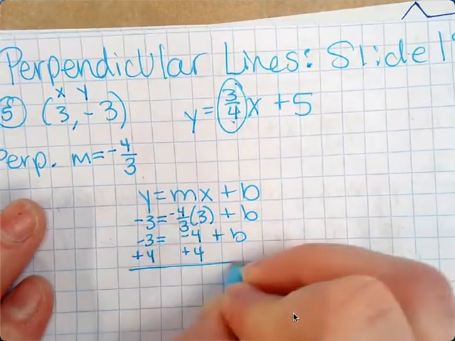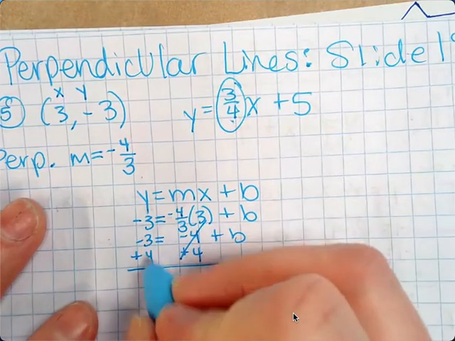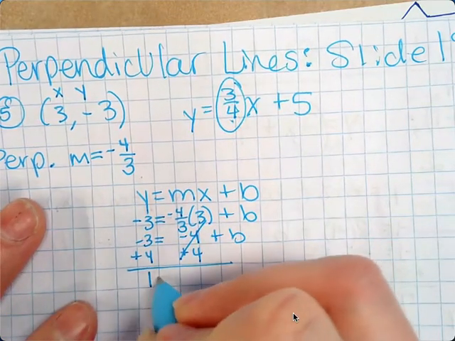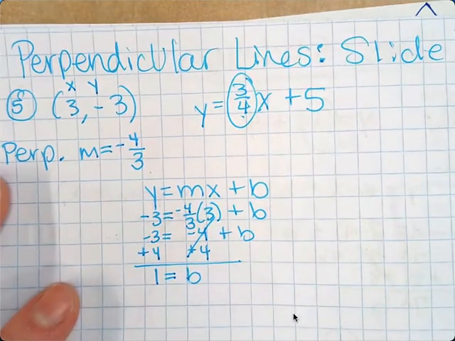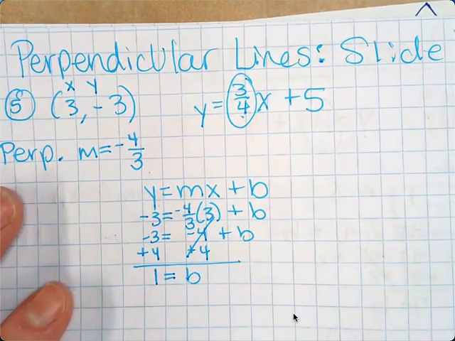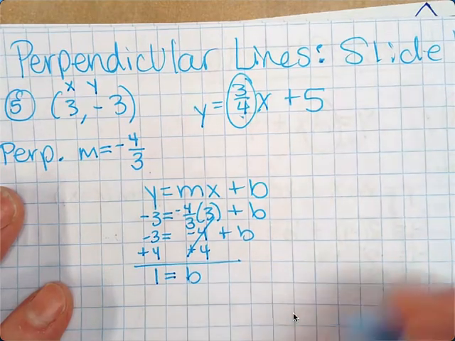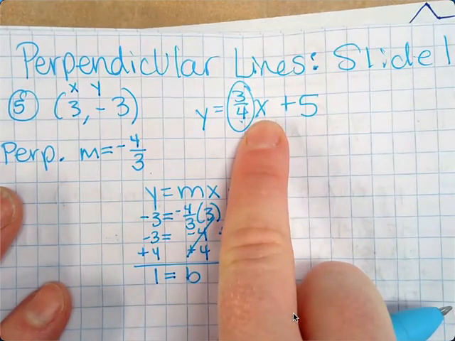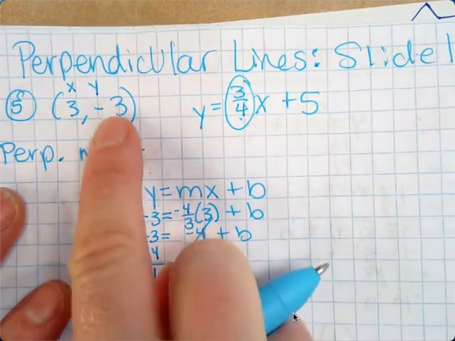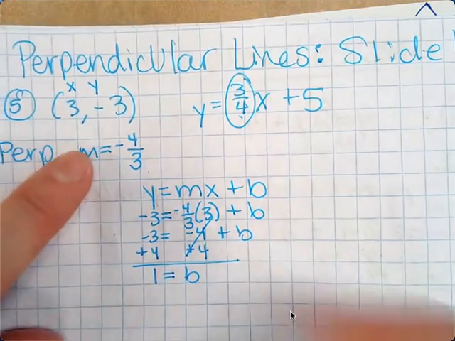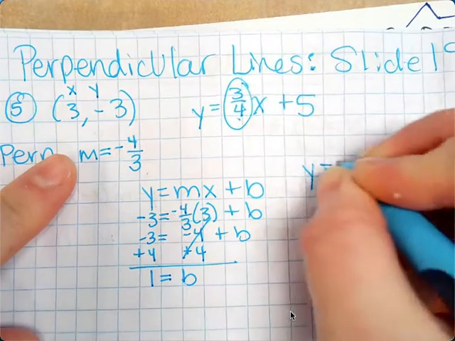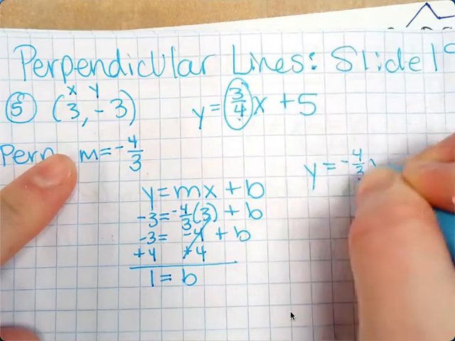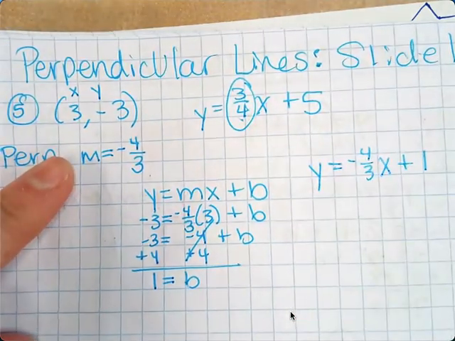Negative 3 plus 4 is positive 1. So the line that's perpendicular to this one and goes through that point has a slope of negative 4/3 and a y-intercept of 1. So we write y equals negative 4/3 x plus 1.